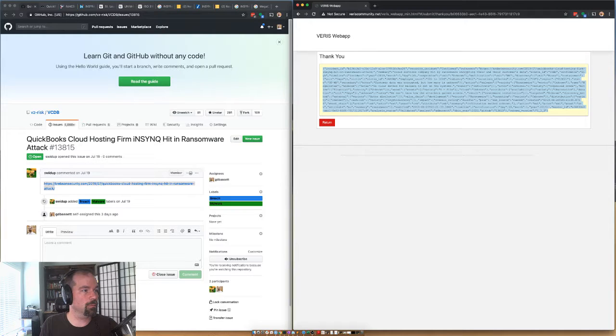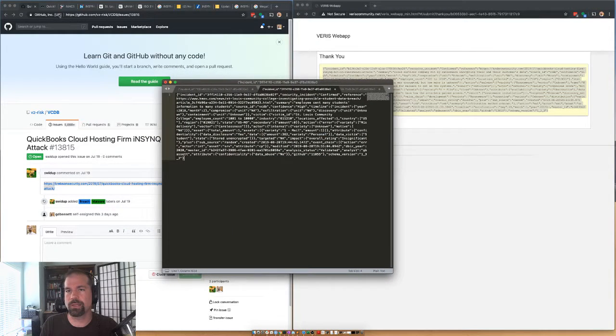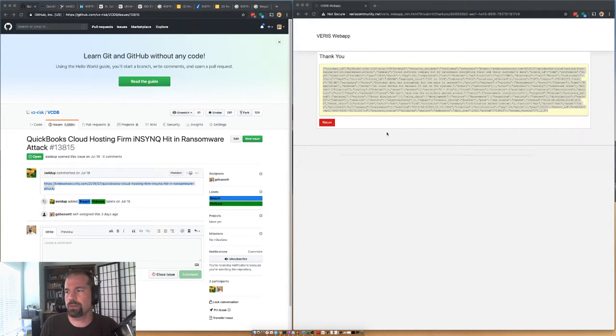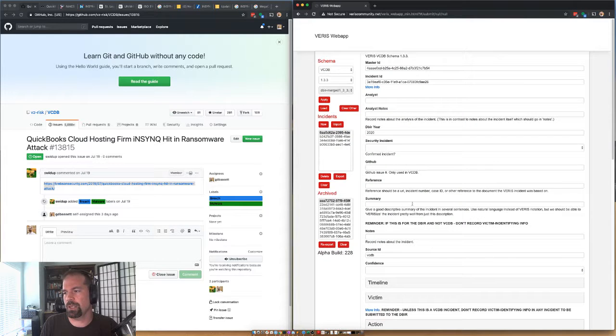We'll do the same thing. Copy that to a spreadsheet. File new. Copy that to a file. Save it off. And return. And after I get off stream, I'm going to take these 4 and export them to a file. I'm going to upload them to the VCDB repository into the submitted directory under data JSON.